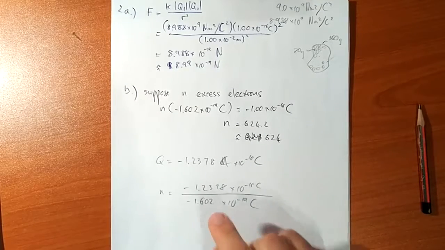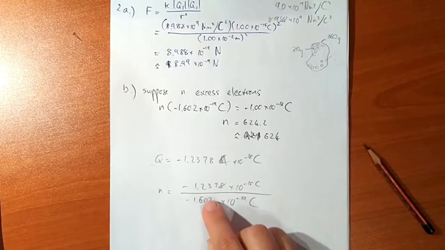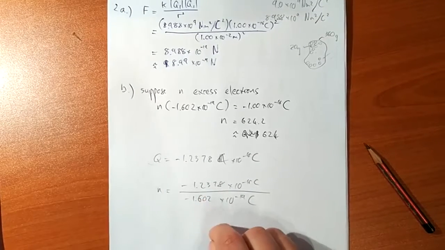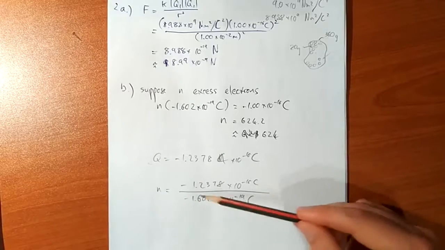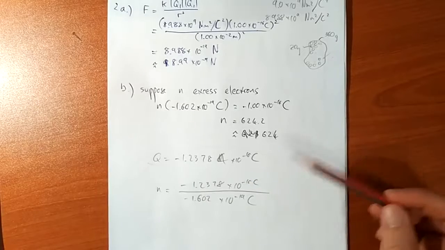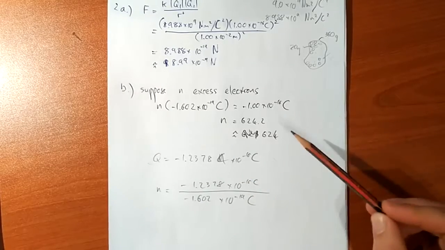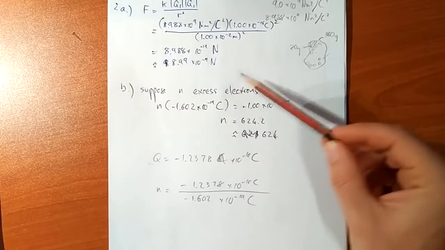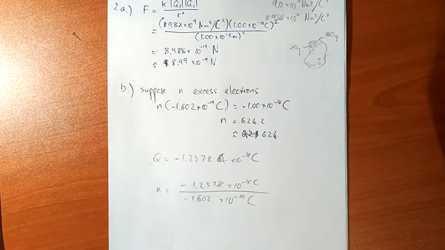The point is that if the charge was given like this, to 5 significant figures, it would have made more sense to use this instead of that, and instead use a more accurate value to match the accuracy of the other value in the calculation. So in a more extreme case like this, it becomes a bigger issue whether you want to use just minus 1.6 times 10 to the minus 19 or minus 1.602 times 10 to the minus 19. But in this case, it is not a big deal.